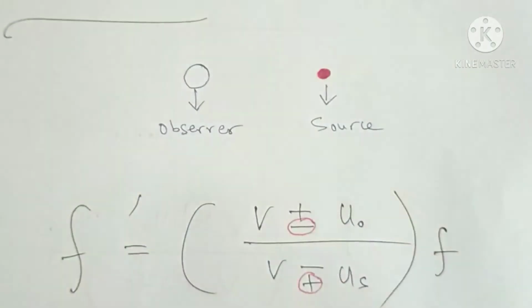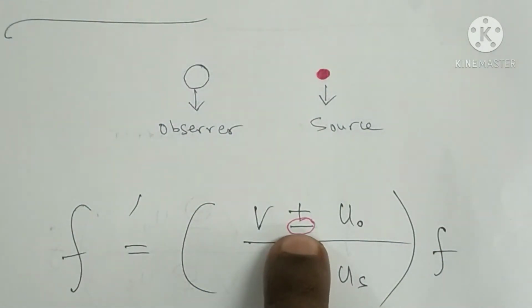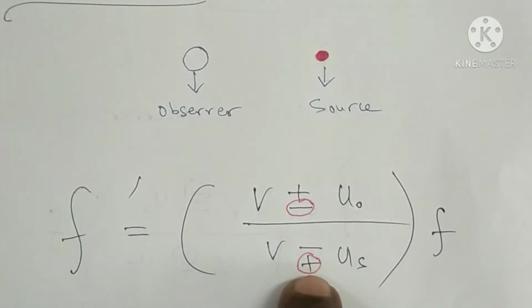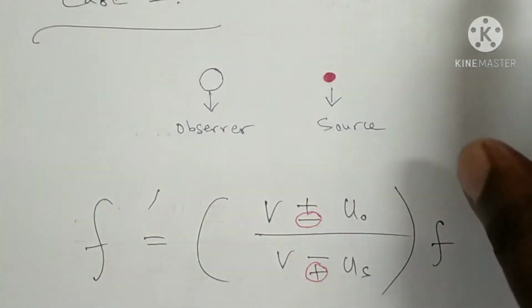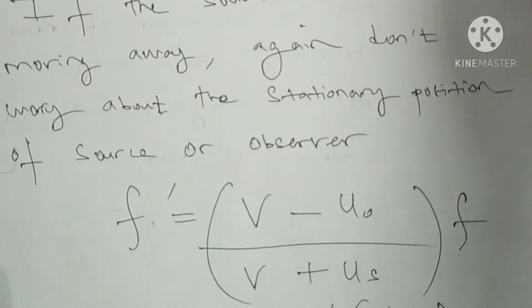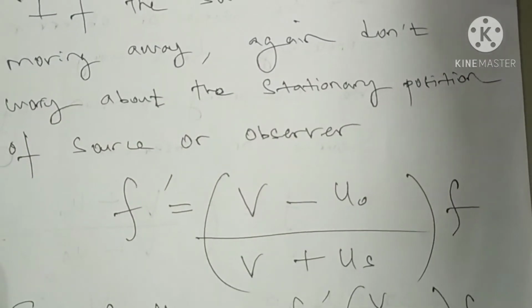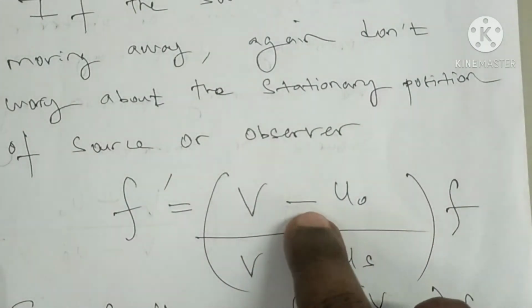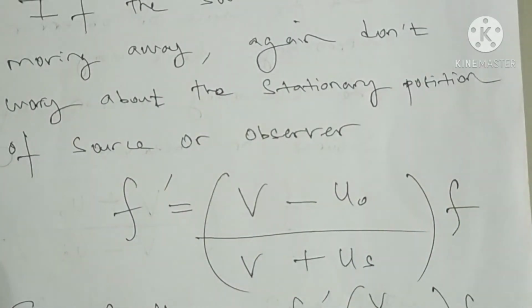If it is moving away, it gives you a negative sign, and definitely the denominator will be positive. It forms a new formula exactly like this, where the numerator is negative and the denominator is positive.